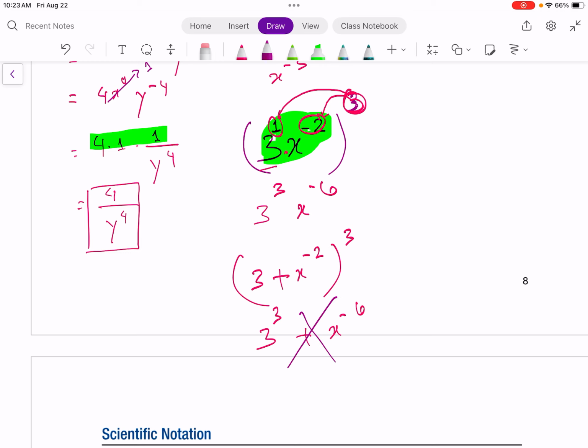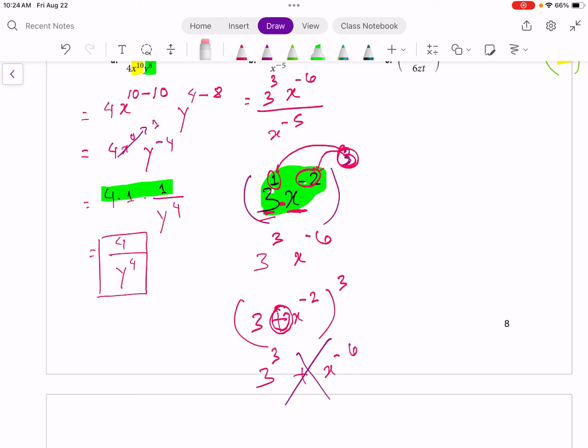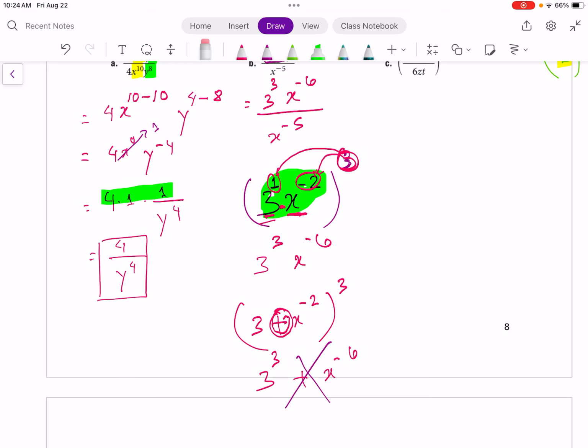You see the difference here: we have a product between 3 and x to the power minus 2, but in the other case we have a sum. If you have a sum or difference, we are not using this property. We use this property only when we have multiplication or division. Any question up to here for the first part?